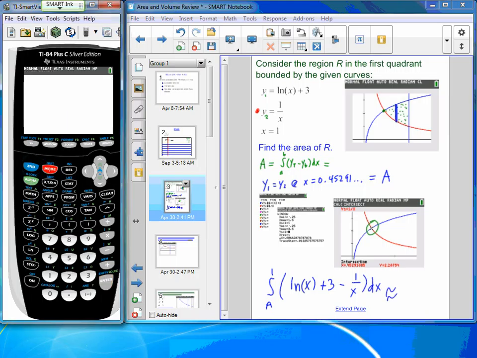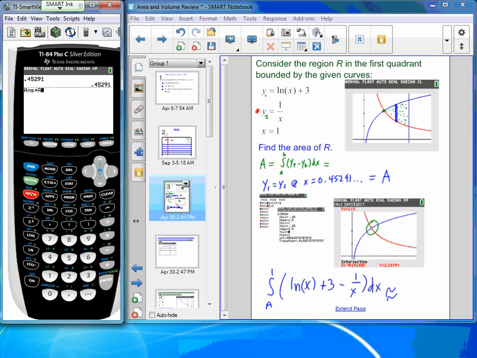So on my calculator, we'll just MATH 9 it and do our definite integral. I didn't store alpha A on my home screen, so I want to go ahead and store alpha A. What did we say? 0.45291.